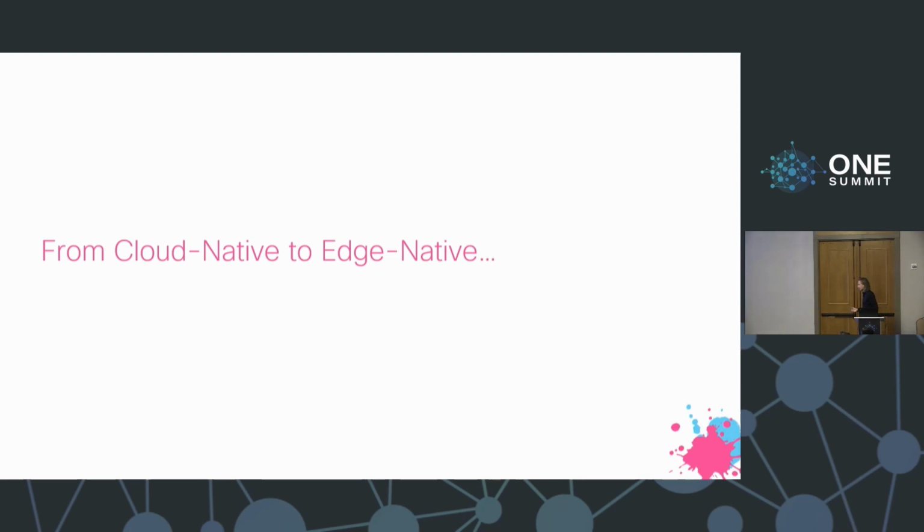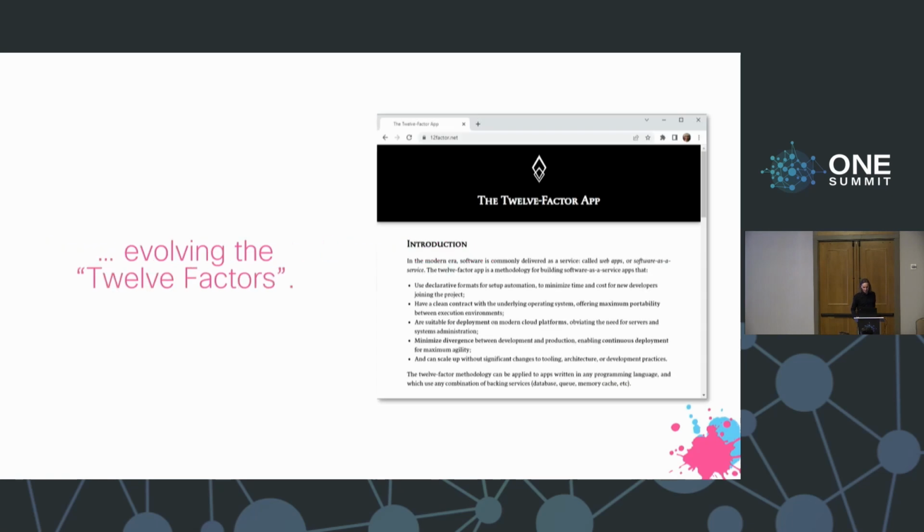So if we're going from cloud native to edge native, what does that really mean? It means we have to rethink certain principles. And what are the main cloud native principles? We called them main principles even before the term cloud native was invented. That goes all the way back to the guys who gave us the 12-factor design, the Heroku guys back in 2011.